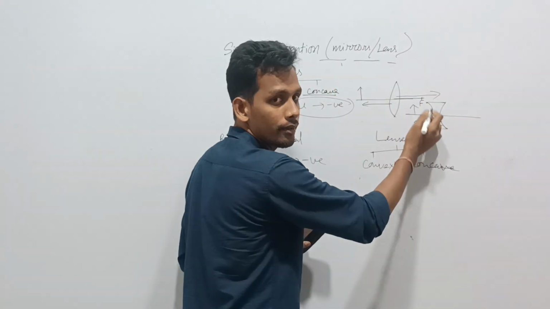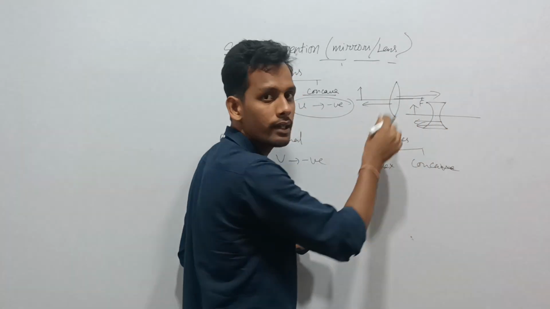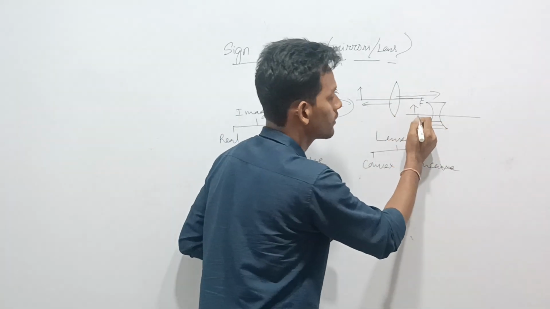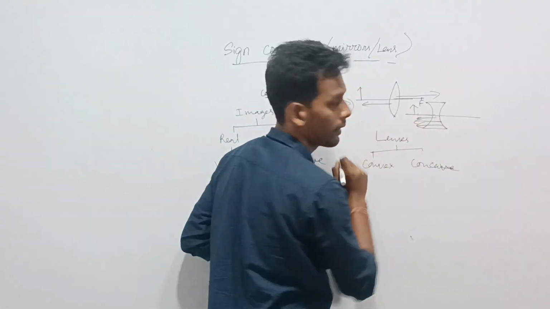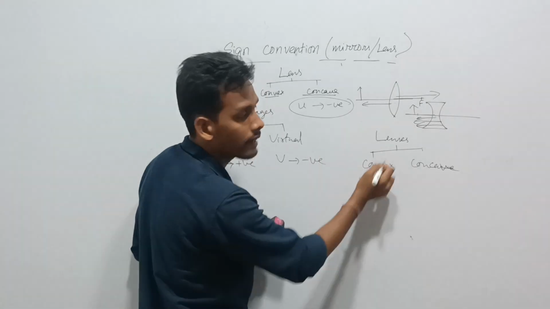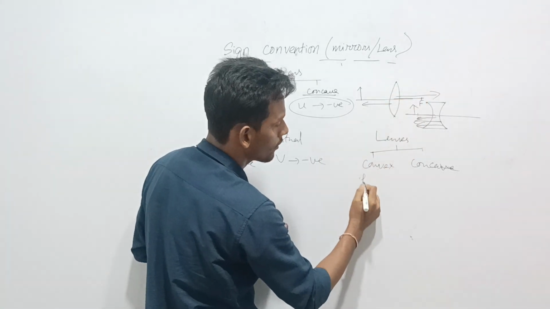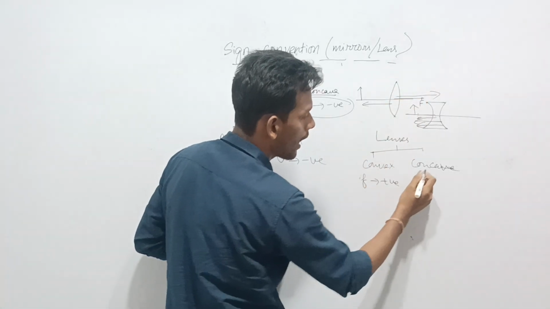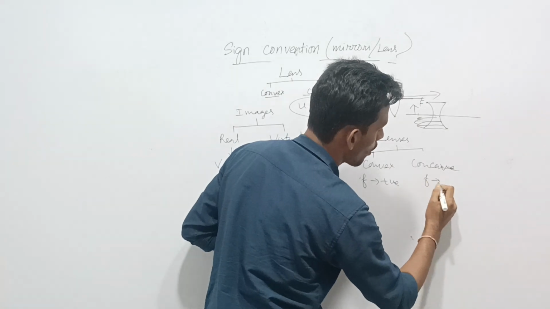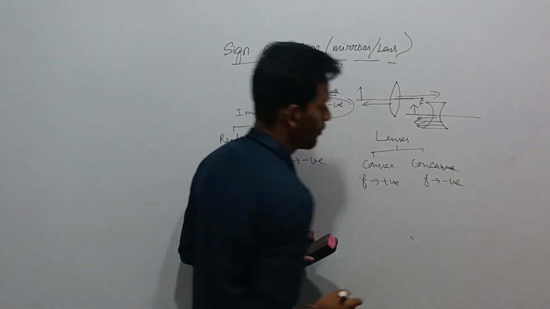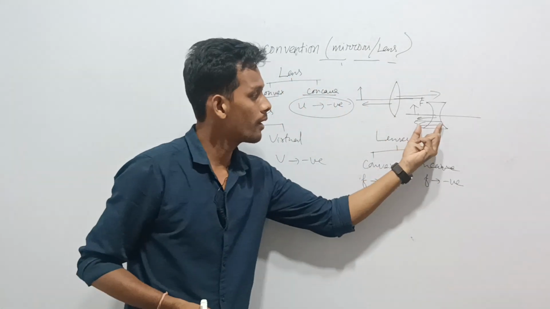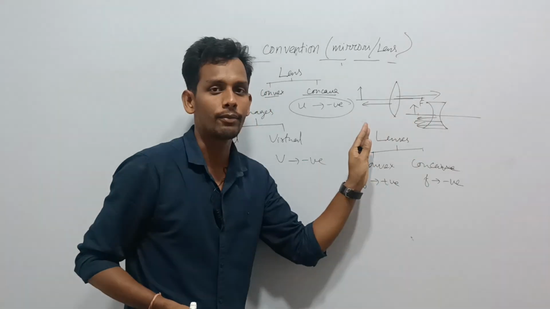And for a concave lens, the focus from which the rays appear to diverge is present towards the left side. So for a convex lens, the focal length is positive, and for a concave lens, the focal length is negative. Why negative? Because it always lies towards the left.